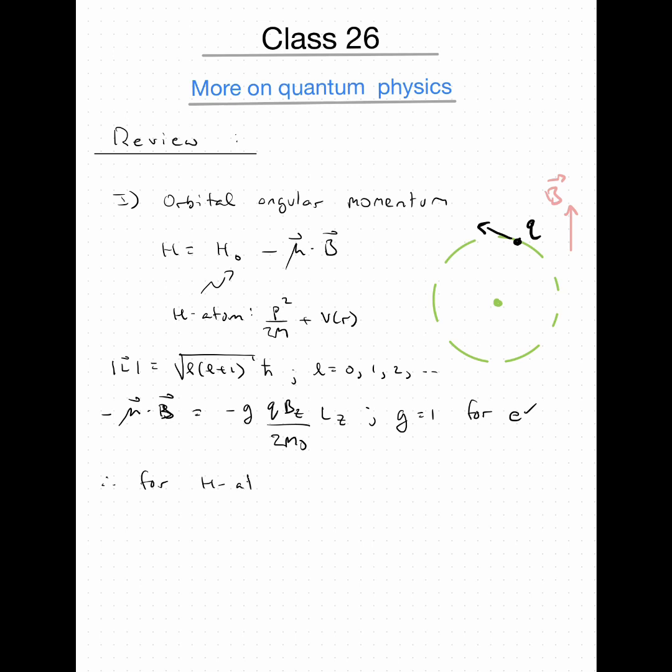So for the example of the hydrogen atom, the Hamiltonian becomes, or maps to, E sub n, that's the original Hamiltonian from H naught, plus the term from the orbital motion, which is minus q B z over 2m naught times m h bar, where m here is the quantum number m and not the mass, and the m naught is the mass. Okay?